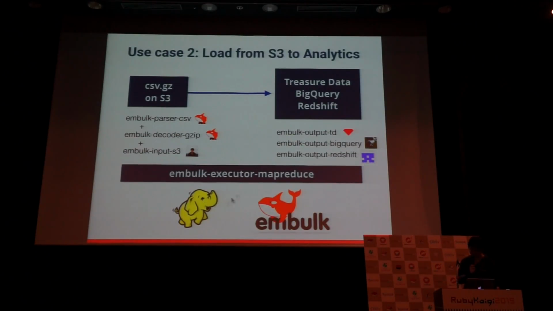Embulk executor MapReduce runs those tasks on Hadoop, which is a distributed computation environment. So those input plugins don't care about the execution environment because the executor takes care of it. The interface between them is loosely coupled. But with this combination, using Embulk's infrastructure, you can use all existing plugins on a distributed environment.